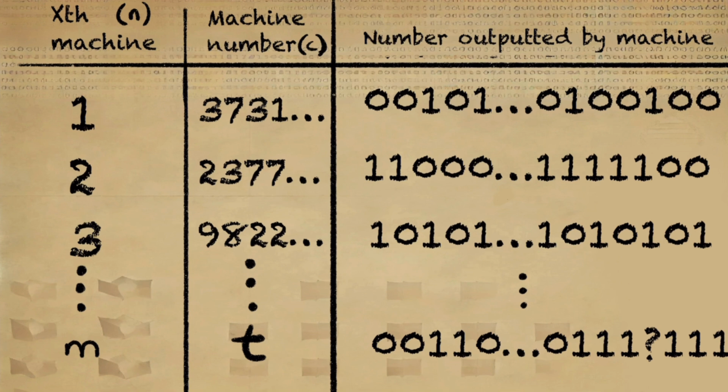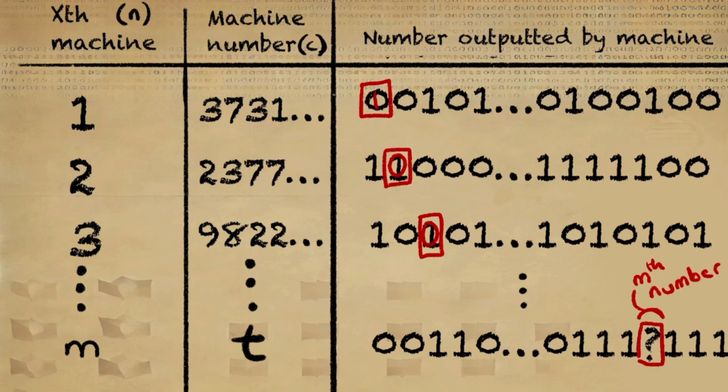On the left is the nth machine, represented by n in our algorithm. Here is the machine number represented by c, and here is the number that machine outputs. Let's say our algorithm can be run on a machine with number t, and it's the mth machine. What it will output is the first digit of the first machine tweaked, the second of the second machine tweaked, etc. until it reaches itself.